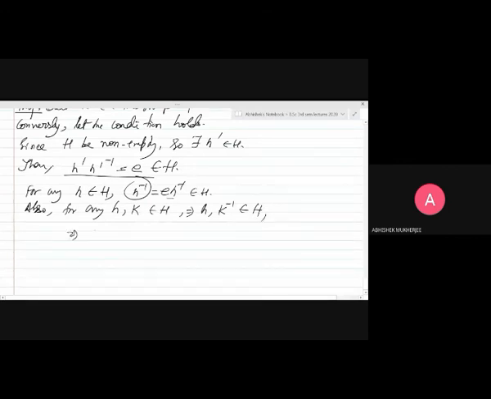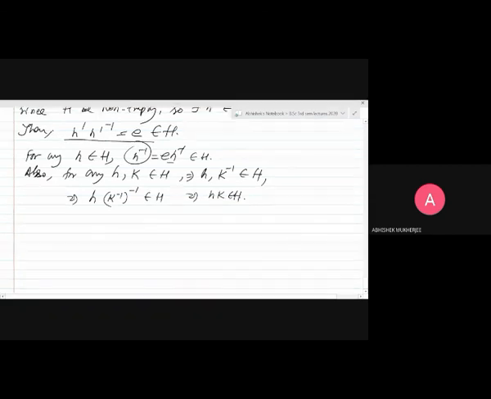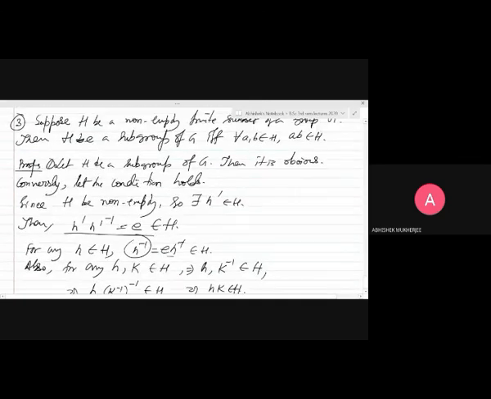So yes, h times the inverse of k inverse belongs to H. So that means h k belongs to H, right? So this proves that the composition satisfies the closure property under the subset H.